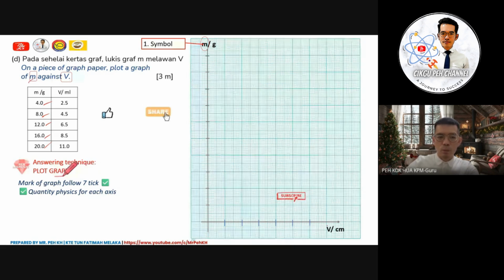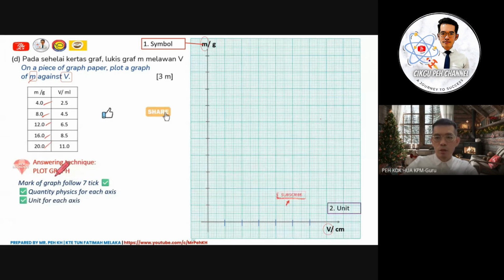This will be the first tick, or first criteria. The second, we need to give the unit for the axis. So you can see here, the volume will be cm³ or ml, and for the mass, it will be gram. This will be the second criteria.